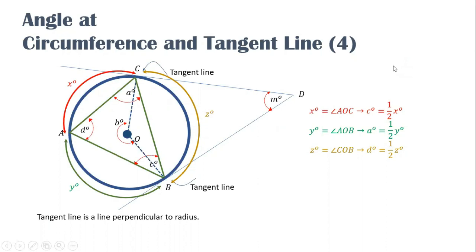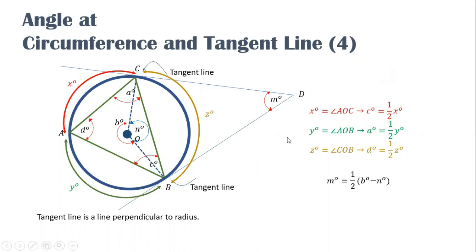So what is the next pointer? Okay, let's say this one is N degrees, right? N degrees plus B degrees equals 360 degrees. B degrees is the reflex of N degrees, right? So we can find M degrees as the intersection of lines CD and BD.